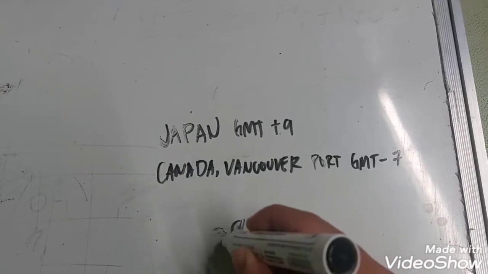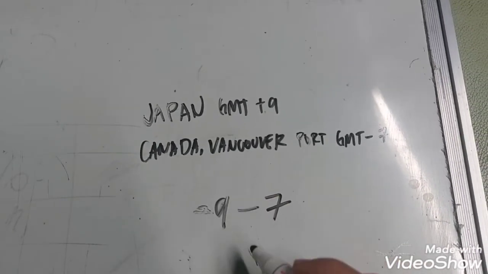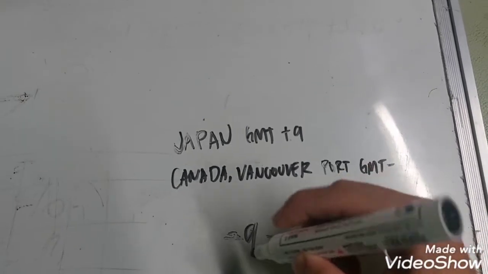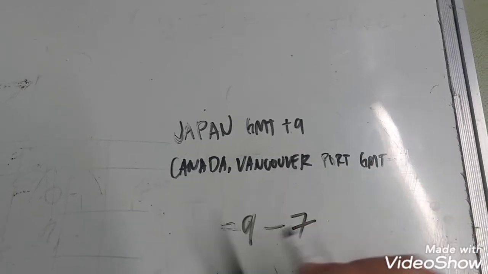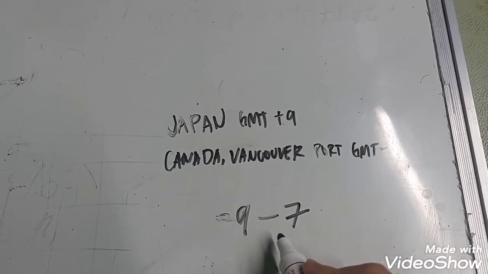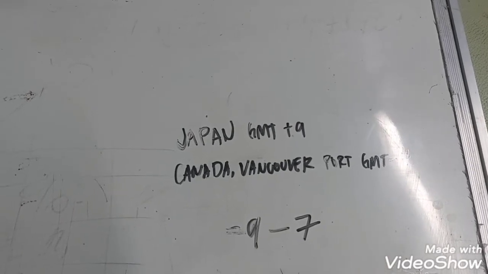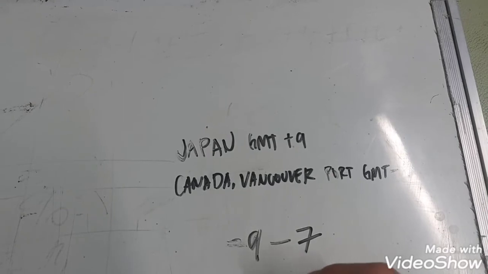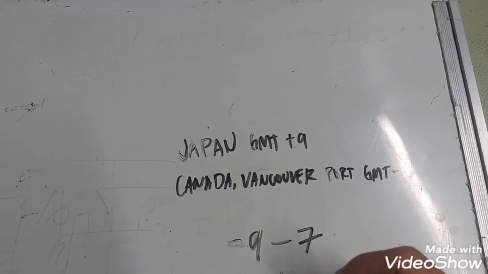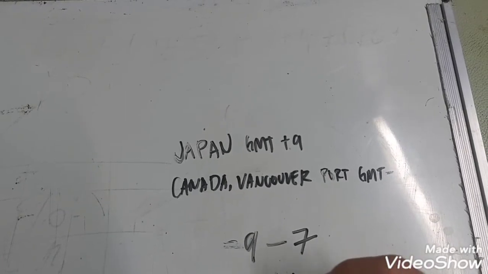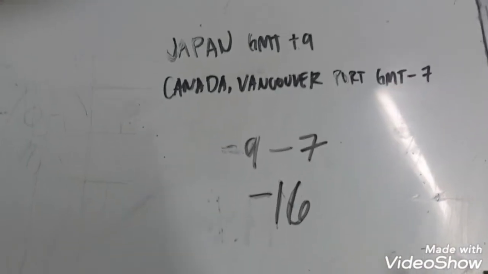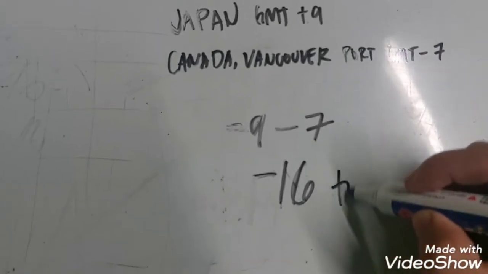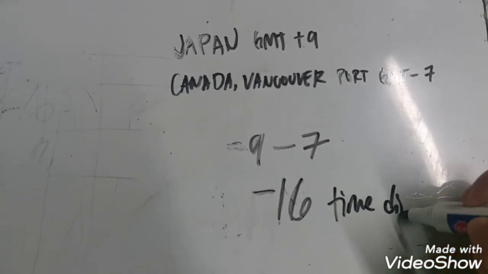So in the rule of signs in algebra, when you sum it up, -9 minus 7 becomes negative 16. Negative 16 is now the time difference.